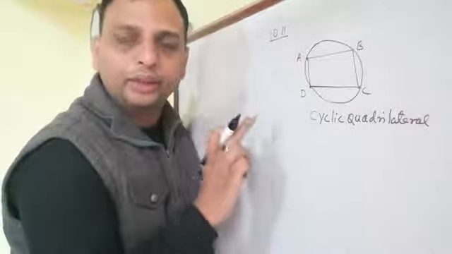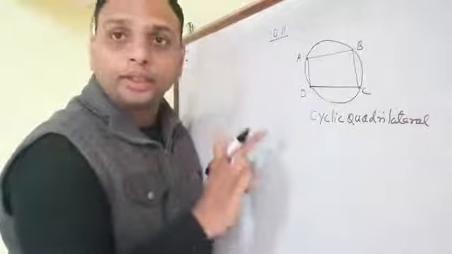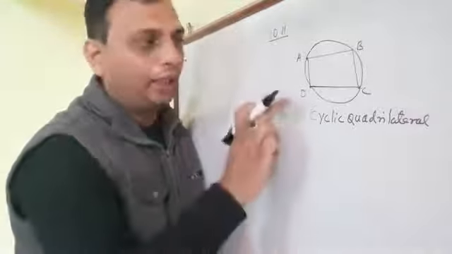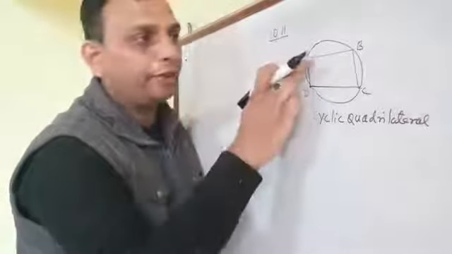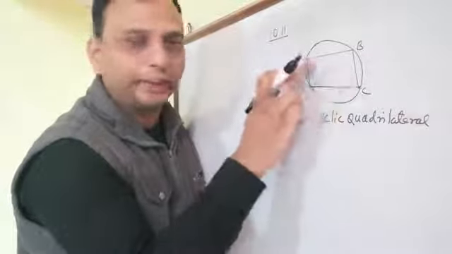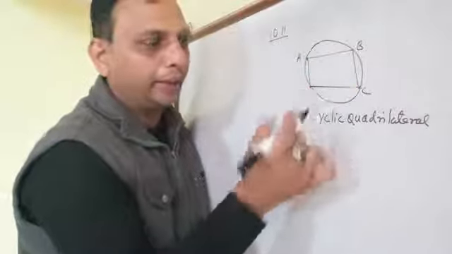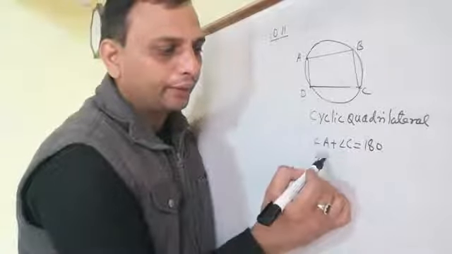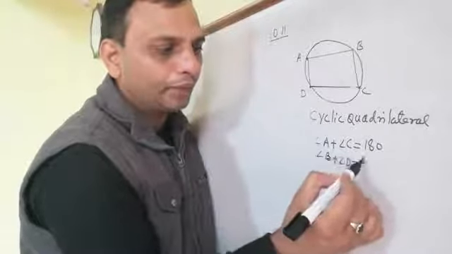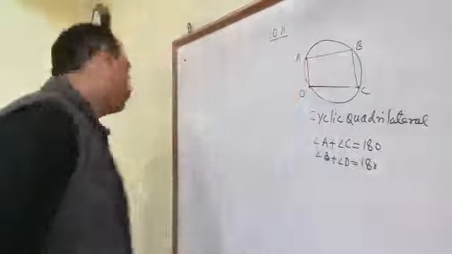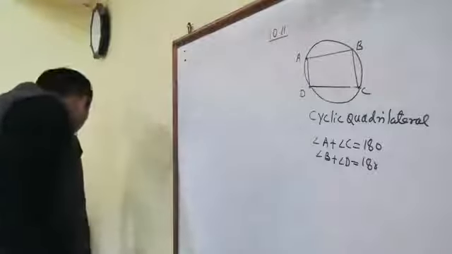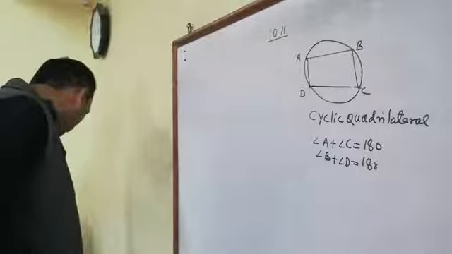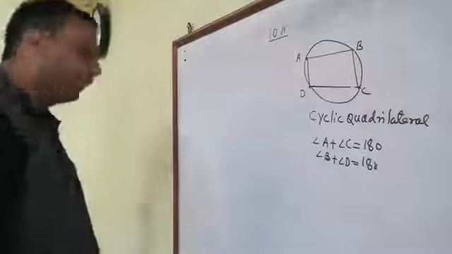Now, theorem 10.11 says that if in any quadrilateral having its vertices on the circle, the opposite angles, meaning angle A plus angle C, and angle B plus angle D, are 180 degrees, then it is a cyclic quadrilateral.